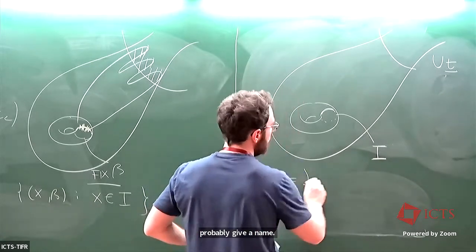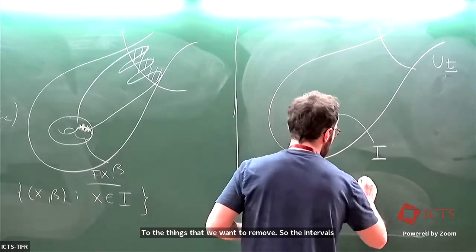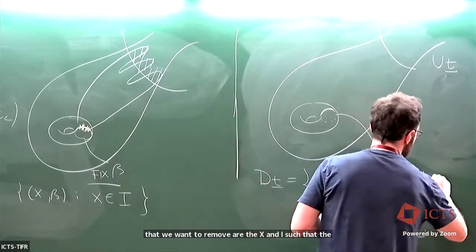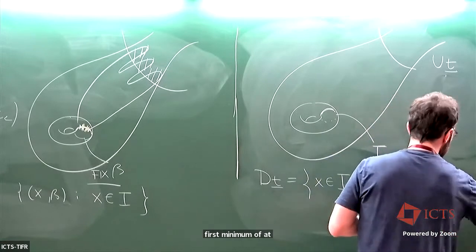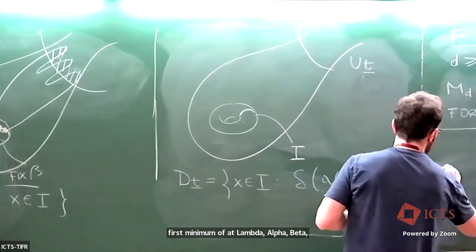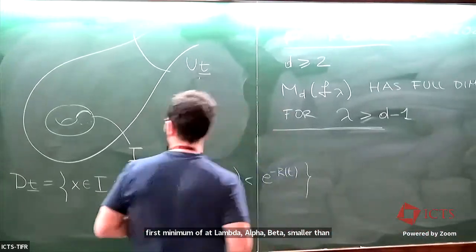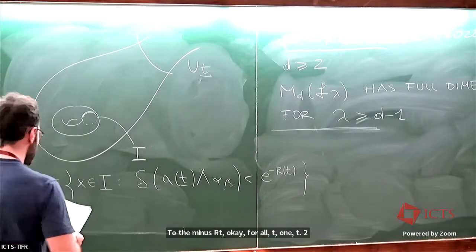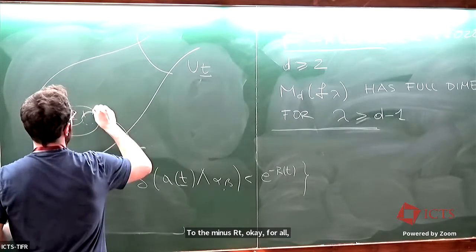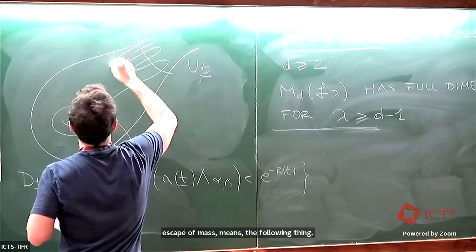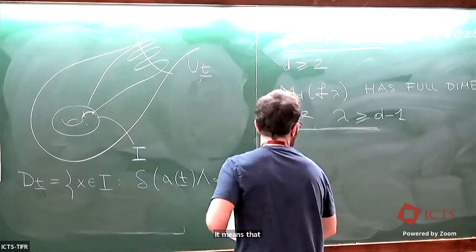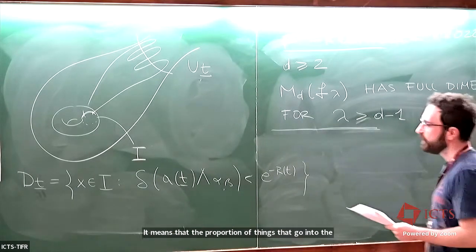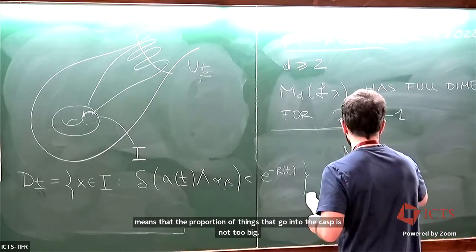The intervals that we want to remove are the x in I such that the first minimum of the lattice Λ_{αβ} is smaller than e to the minus rt, for all t1, t2. And non-escape of mass means the following thing. It means that the proportion of things that goes into the cusp is not too big.